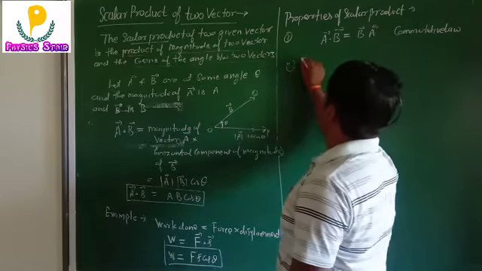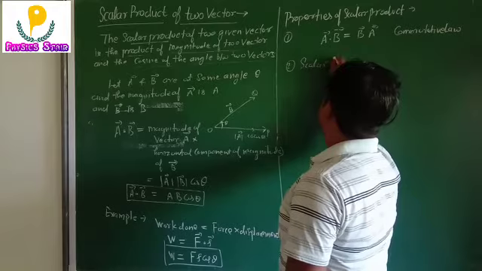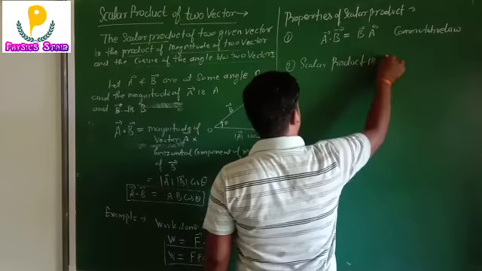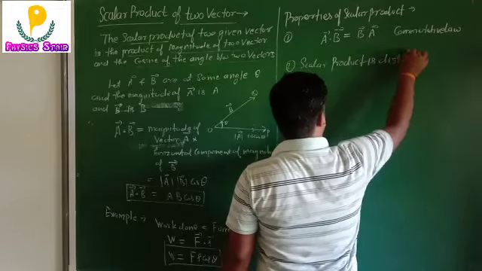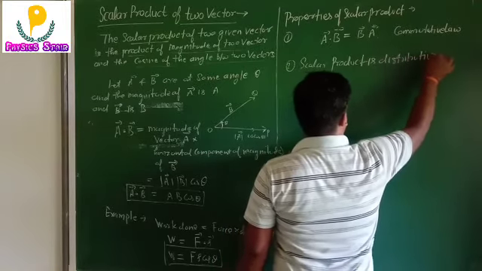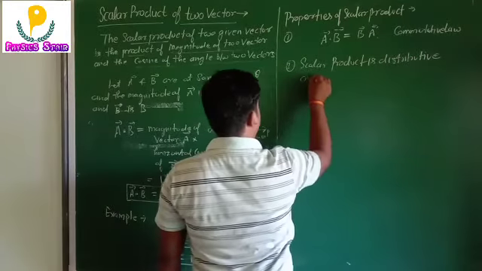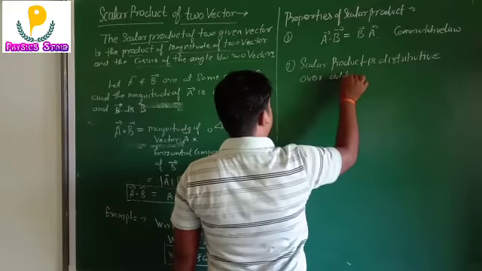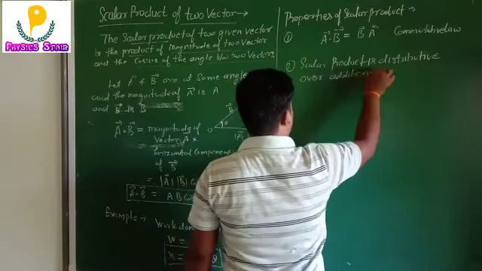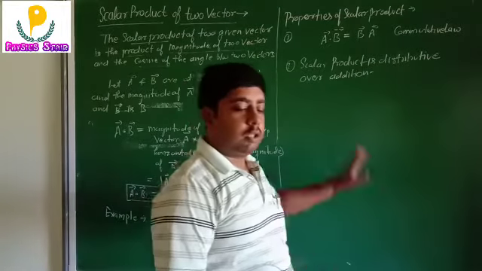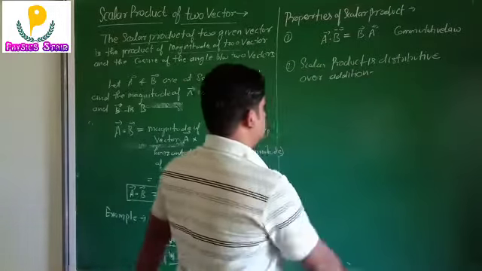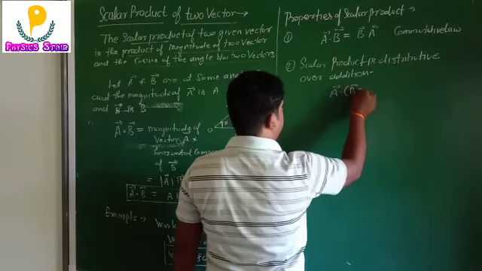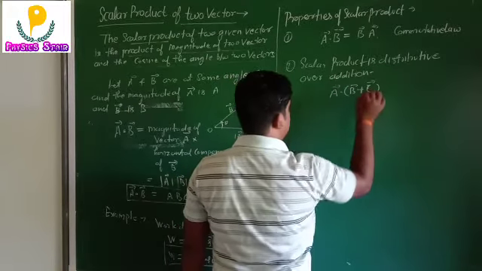In second, scalar product is distributive over addition. Okay, so over addition we can consider here this is vector A dot with the vector B plus vector C.